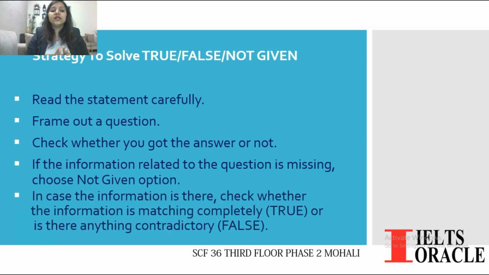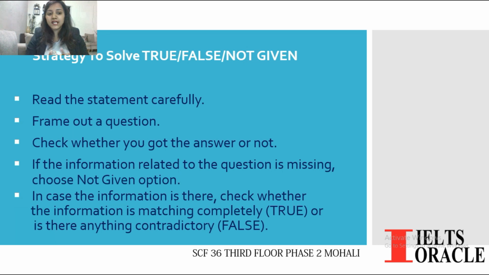On the contrary, in case you're able, after going through the passage, to get the information regarding that question, then you will have two options now. You'll be discarding the not given option because you have got the information in the passage. So now you're left with two options, true and false.